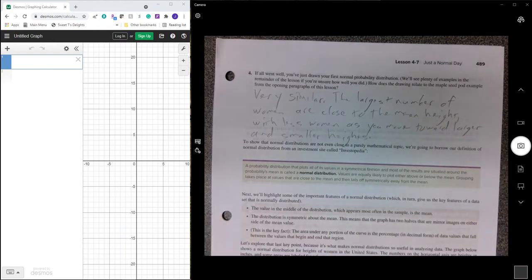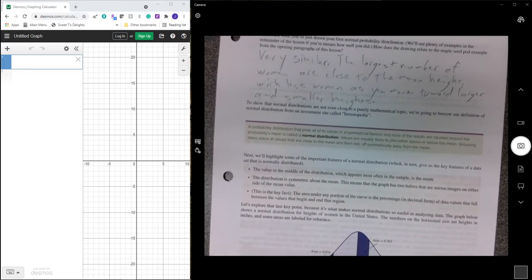To show that normal distributions are not even close to a purely mathematical topic, we're going to borrow our definition of normal distribution from an investment site called Investopedia. So we have a probability distribution that plots all of its values in a symmetrical fashion, and most of the results are situated around the probability's mean.